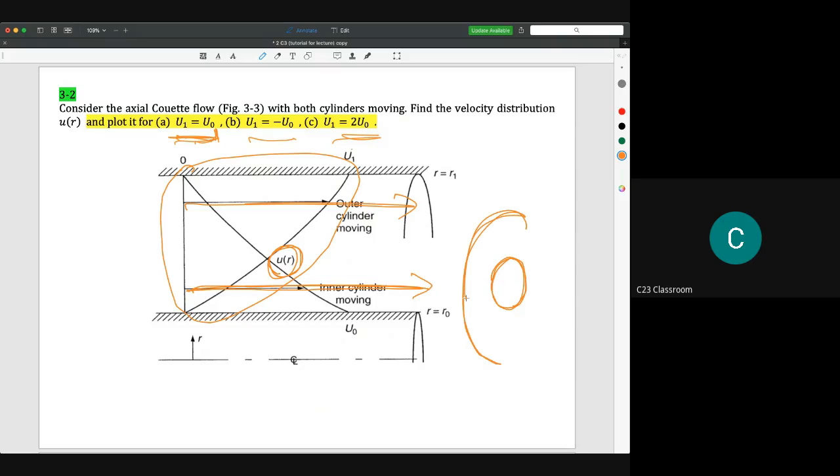For example, from the side view, say we have two cylinders. Maybe this cylinder is moving forward and backward like this, and this cylinder is also moving forward and backward like this, because both cylinders are moving. Can you get it?